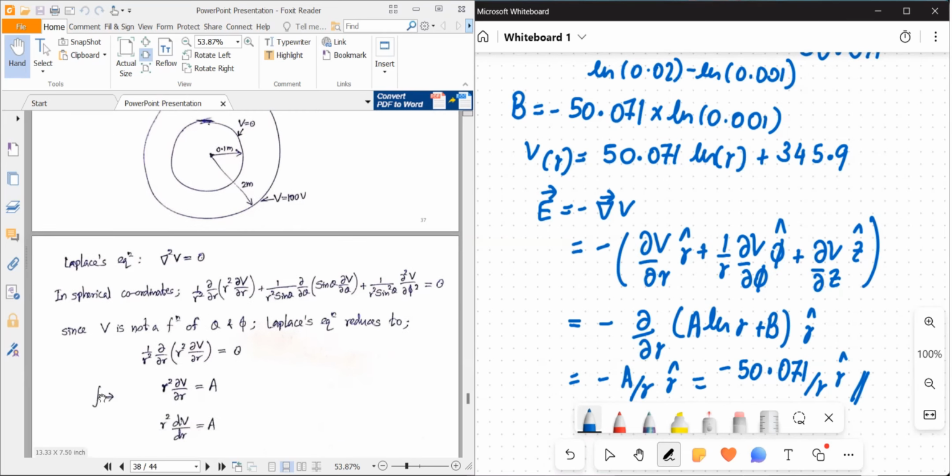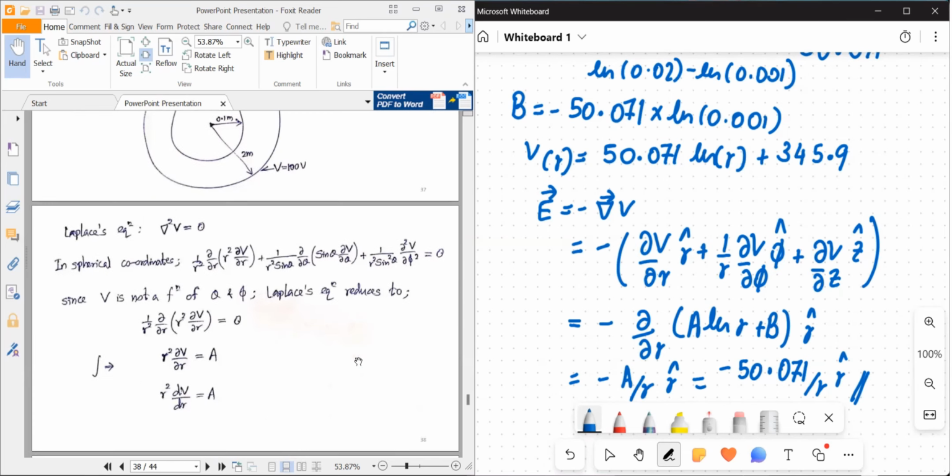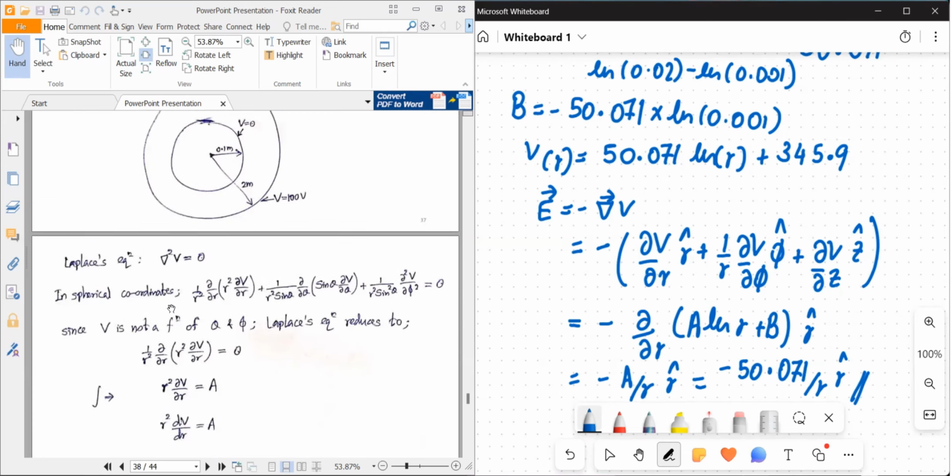We don't have any charges in between these two spheres, so we can use the Laplace equation, and V is not a function of theta and psi. Therefore, we have 1 over R squared ∂/∂R of (R squared ∂V/∂R) equal to 0.